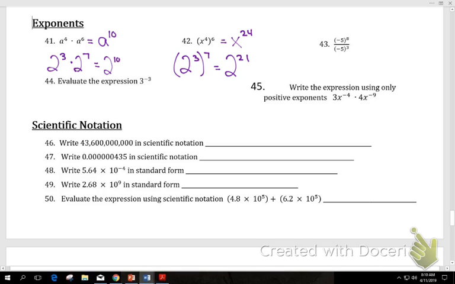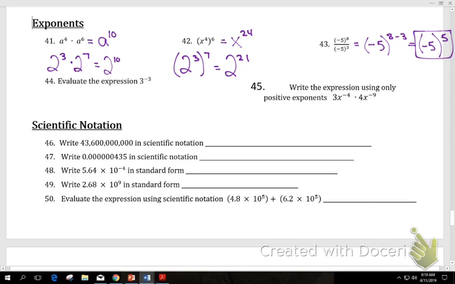All right, now on number 43, what does a fraction mean? What operation? Division. Okay, so I use my common base of -5, needs to be in parentheses, but now I'm subtracting the numerator minus the denominator. So -5 to the 5th power.